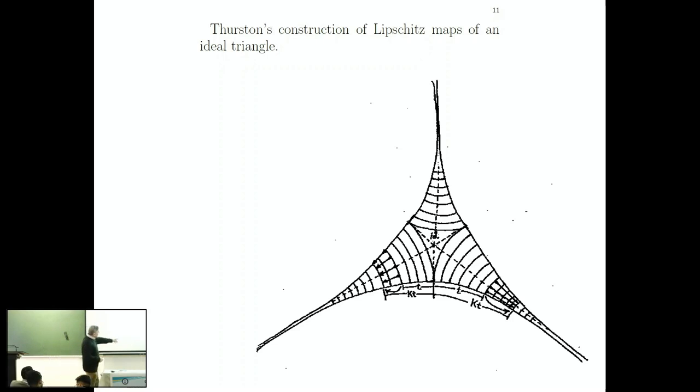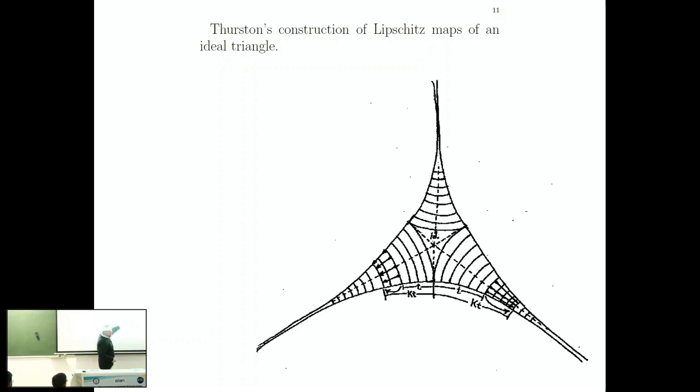Now, the map that Thurston defines is, this is distance t, hyperbolic distance from this distinguished point. There are 3 distinguished points on the boundary. I want to send this piece of horocycle to a horocycle which is at distance k times t.